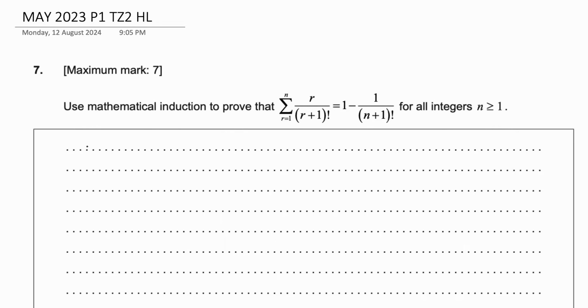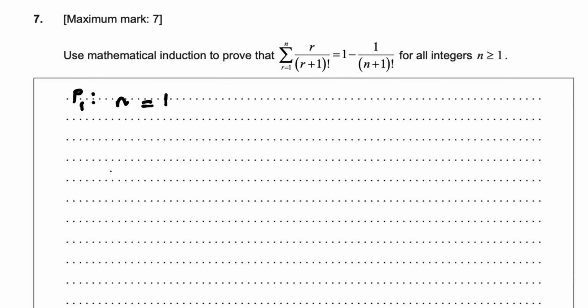where n is equal to 1. So that's our P(1). n is equal to 1. Let's see if this is true. So we simply substitute 1 into the left hand and right side of the equation and see if they're equal. So 1 over (1 plus 1) factorial, is it equal to 1 minus 1 over (1 plus 1) factorial?